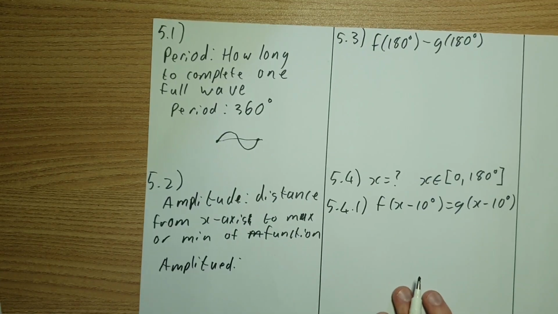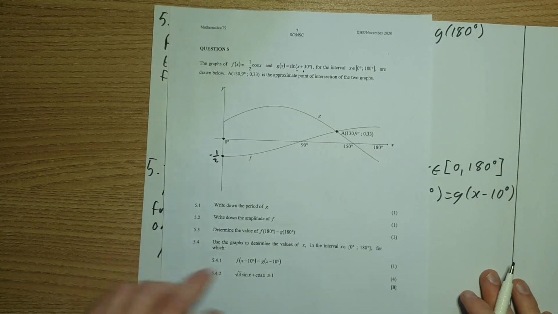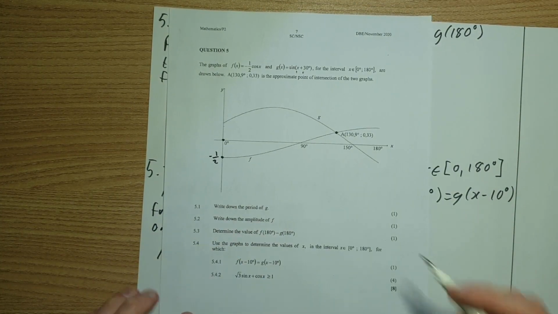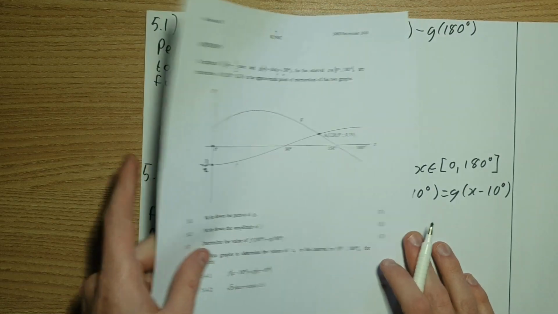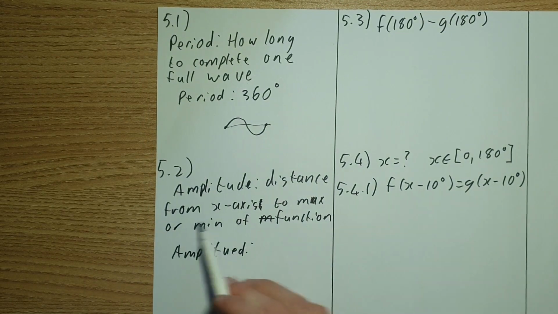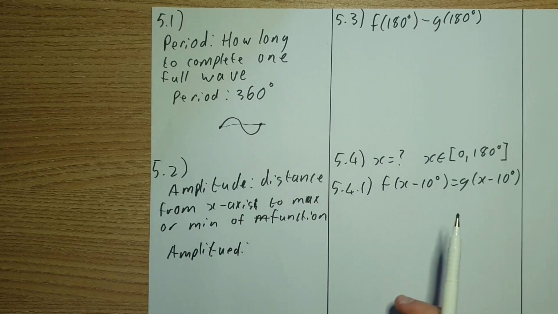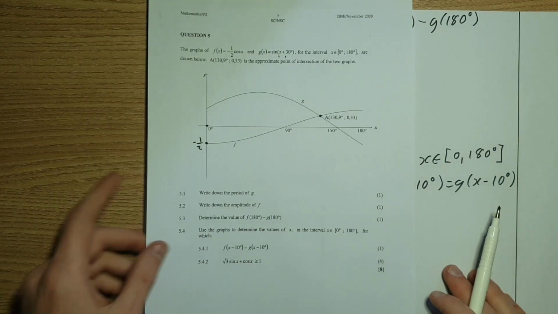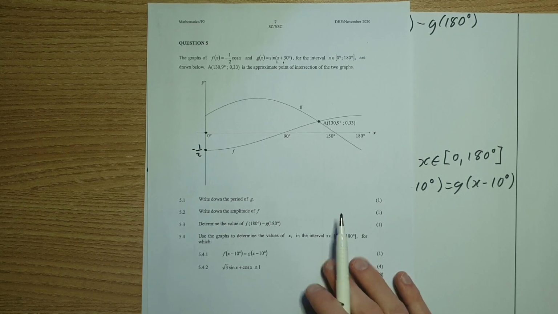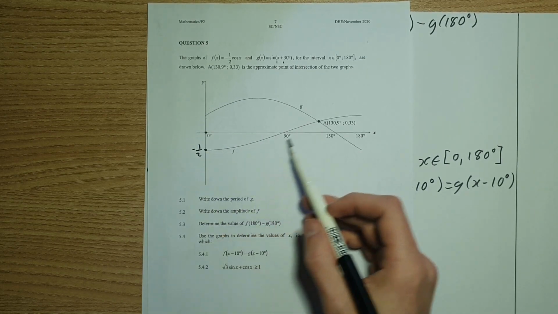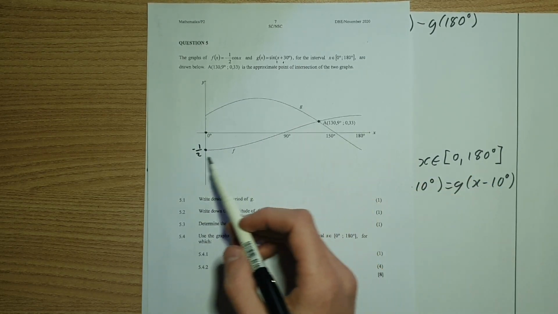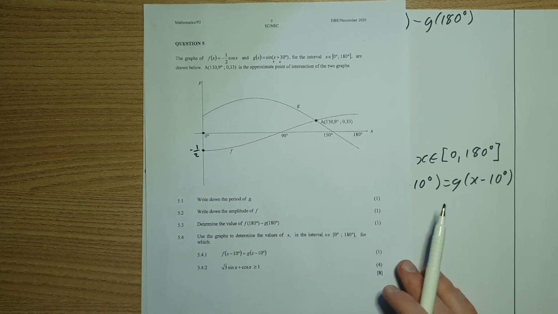Now 5.2 says write down the amplitude of f. Remember, the amplitude of a function is the distance from the x-axis to the maximum or the minimum of the function. So for the trig function, it's where our function reaches its maximum height or its minimum height, or the trough as we call it.